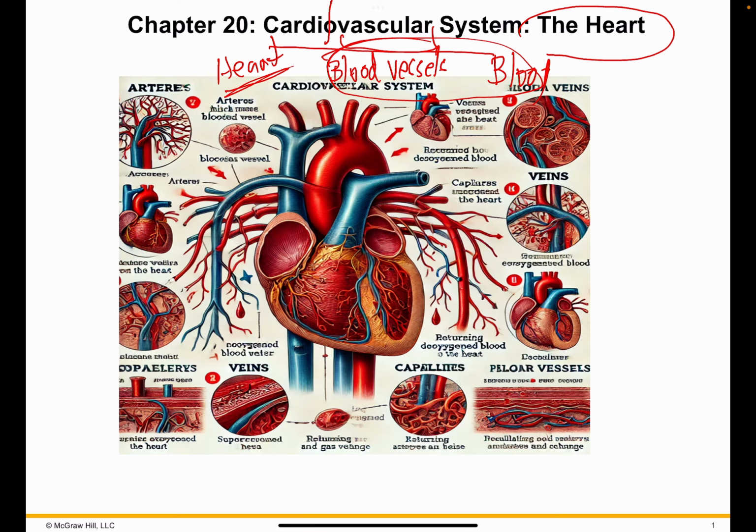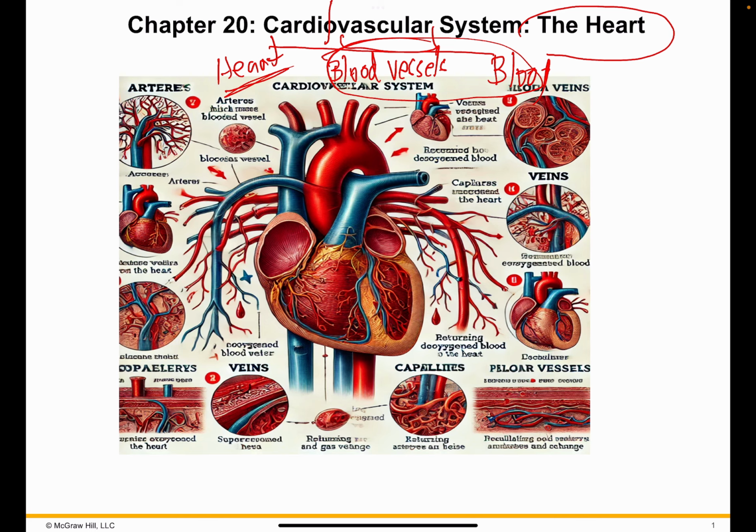The heart is a remarkable muscular pump that beats almost 100,000 times each day. Think about 24 hours. It pumps almost 5 liters of blood per minute while at rest, not doing exercise.